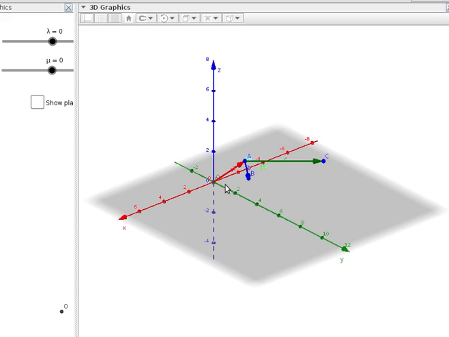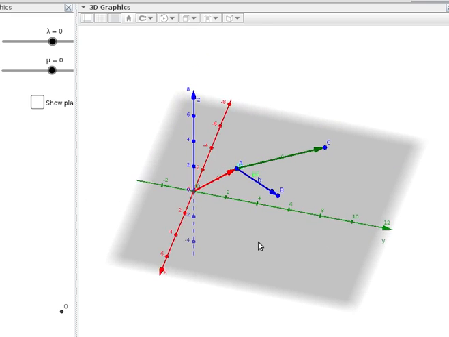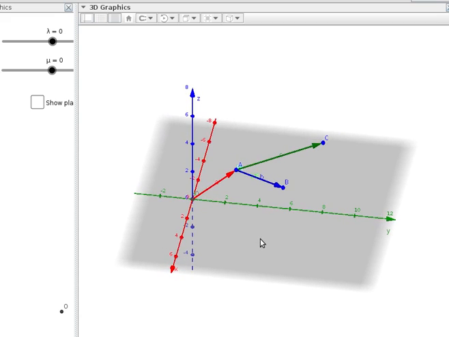Now let's get into the idea of the vectors. What I have on here are three different vectors. The red vector is going to be our initial position vector, r naught. That is describing some point, and everything is happening from that point.